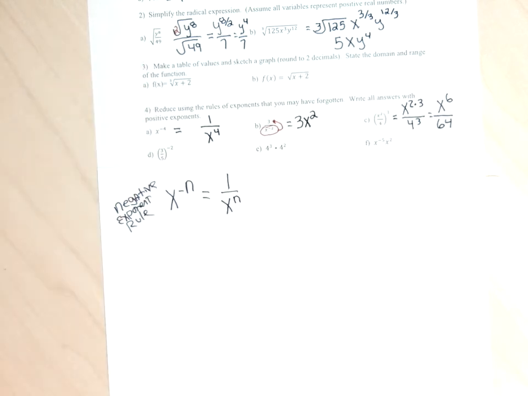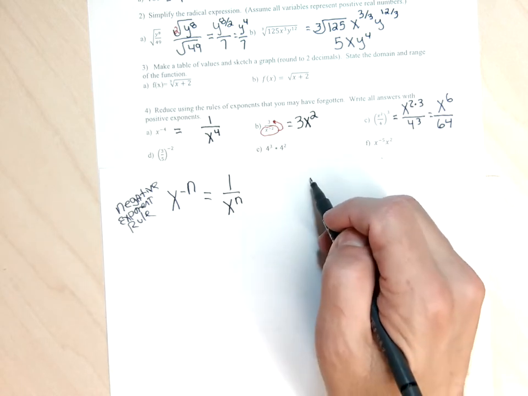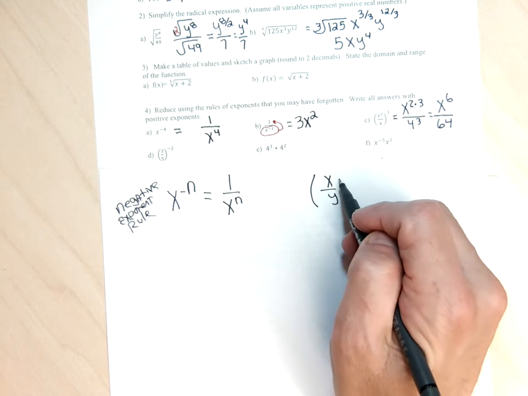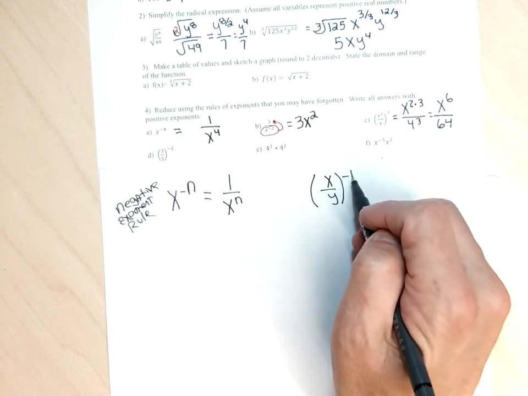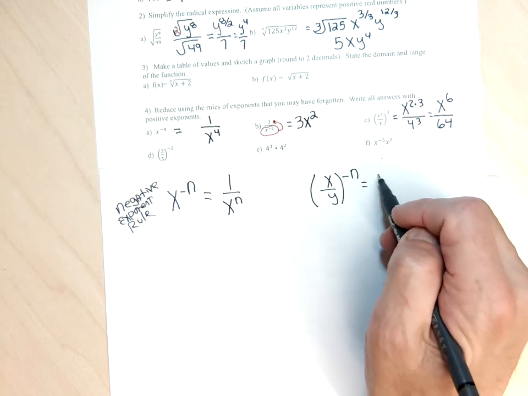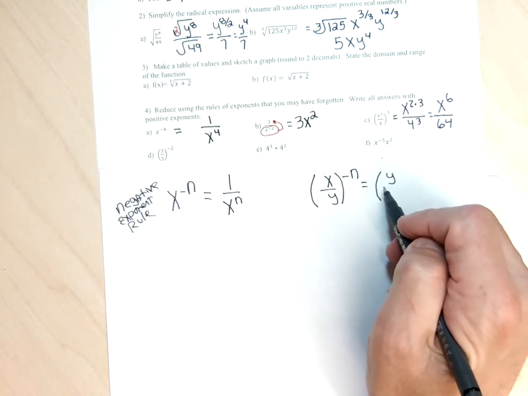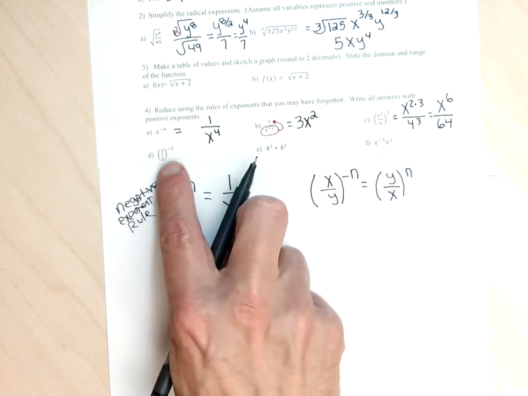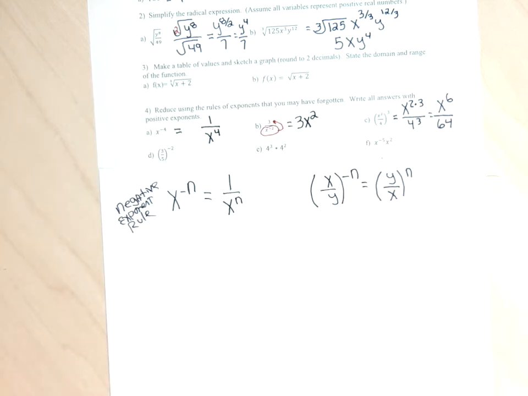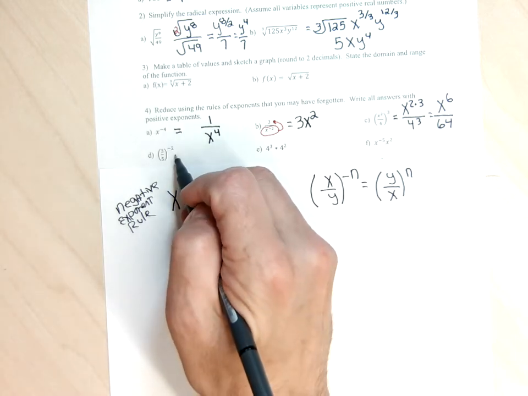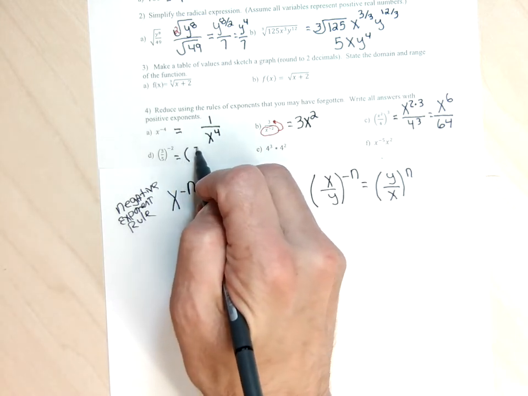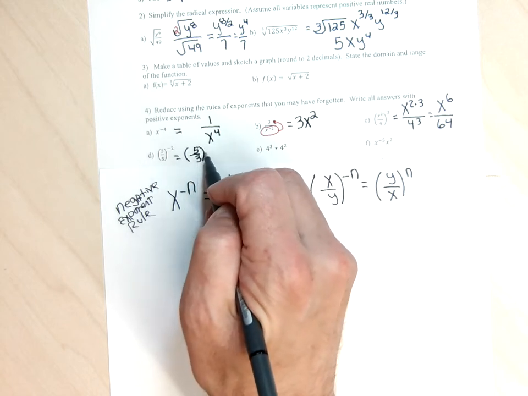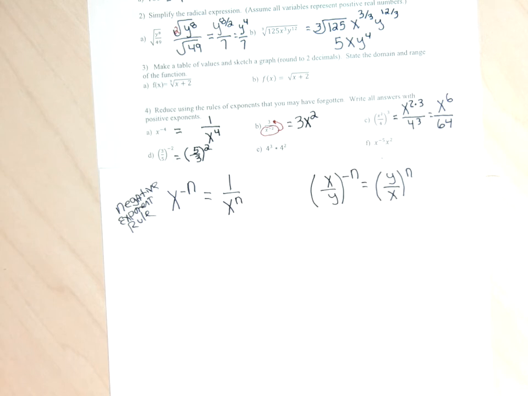For part D, we're going to use the other rule that I had for negative exponents, and it basically says if I have a negative exponent outside a fraction, I can make that negative exponent positive by taking the reciprocal of the fraction. In part D, I have a negative exponent outside a fraction. I'm going to make that negative exponent positive by flipping the fraction, or taking the fraction's reciprocal, and making the negative exponent positive.